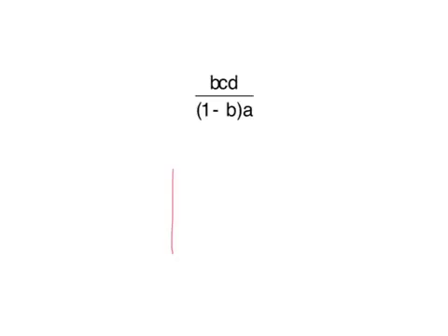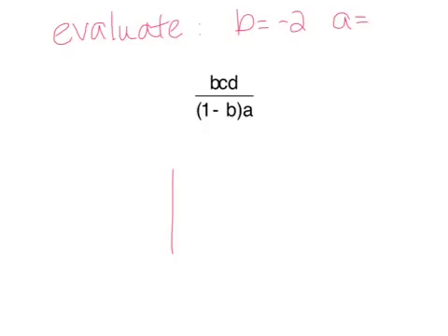All right, so we're going to evaluate when b equals negative 2, a equals, how about negative 3, c equals negative 1, and d equals, how about, I don't know, 4. Sorry, 4. All right. So this just means evaluate.